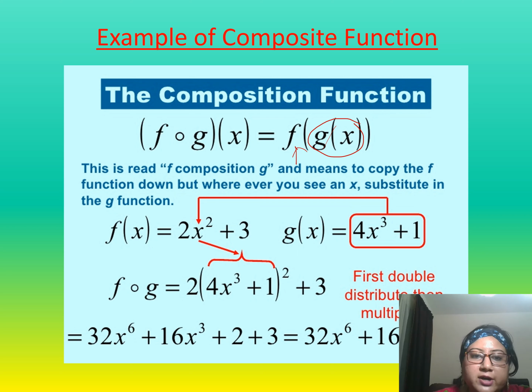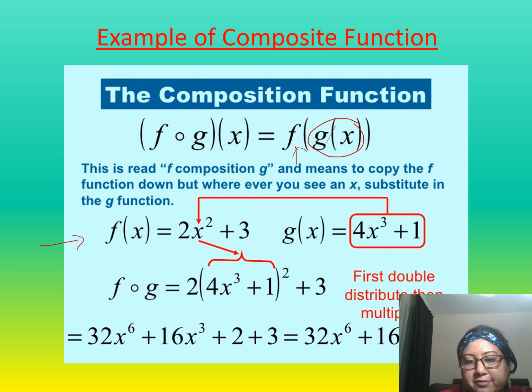Okay, so for an example, if your f(x) is defined as 2x squared plus 3, and your g(x) is defined as 4x cubed plus 1, and we need to compute the composite function f of g of x, then inside we are going to substitute g(x), outside it is f(x).